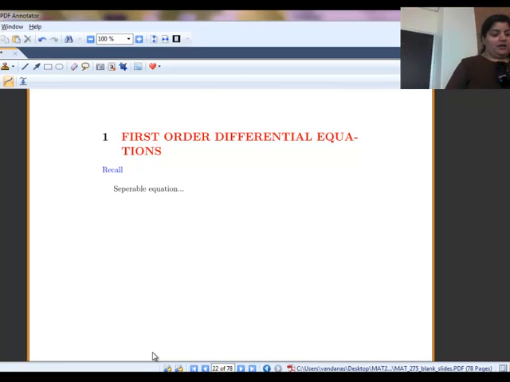Okay, given a solution, getting back a differential equation. You are given a solution, but you are not given a differential equation. How will you proceed? So for example, let's see problem number 8.